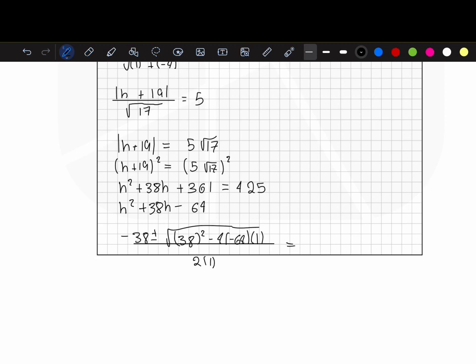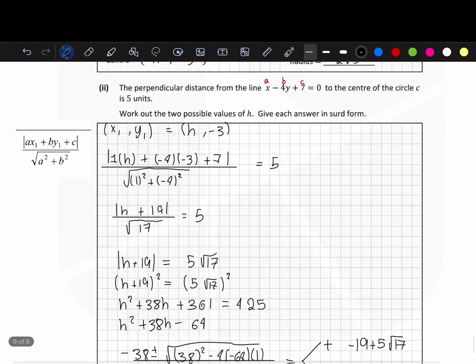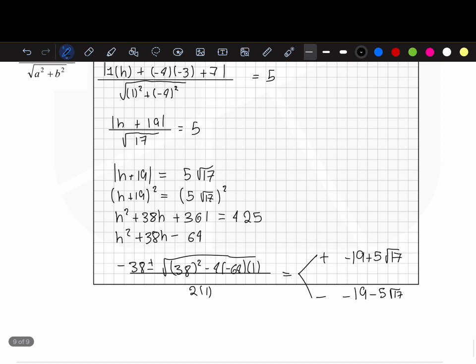We get two values for this. So if we do plus, we're going to end up with minus 19 plus 5 root 17. And if we do minus, we're going to get minus 19 minus 5 root 17. So they're going to be our two answers and our two possible values of h. These two complicated looking things right here.